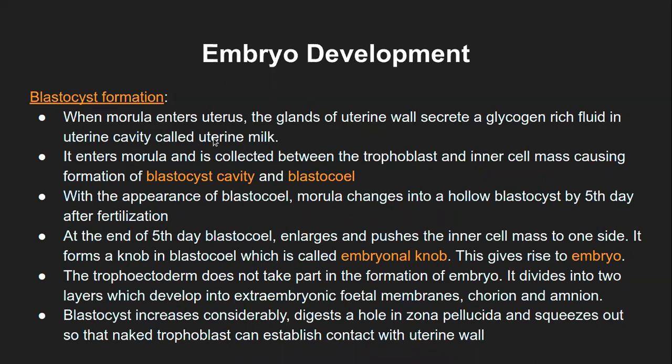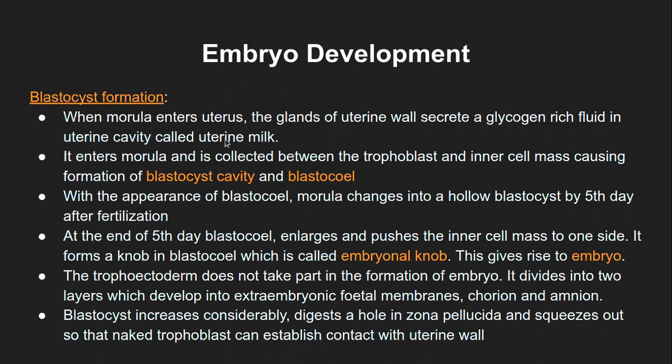When the morula enters the uterus, the glands of the uterine wall, remember these are endometrial walls, will secrete a glycogen-rich fluid in the uterine cavity, and that is called uterine milk. Now milk does not literally mean milk like we drink, but it is rich in glycogen-like components.